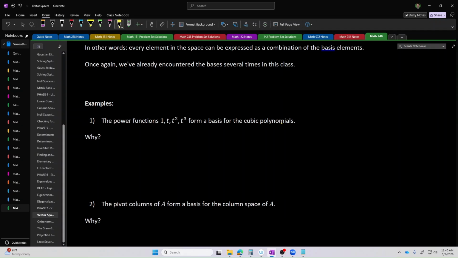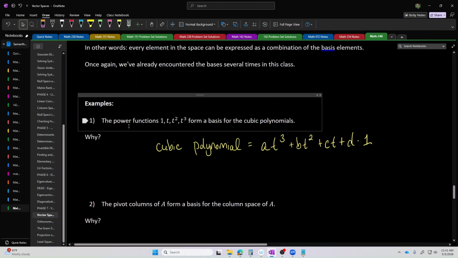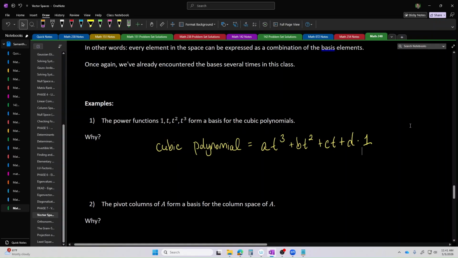You cannot find any one of these functions by linearly combining the others. And every cubic polynomial has the form some number times t cubed, some number times t squared, some number times t, and some number times 1. So these functions are independent from each other, and every cubic polynomial in the set can be found in terms of a combination of these four functions.